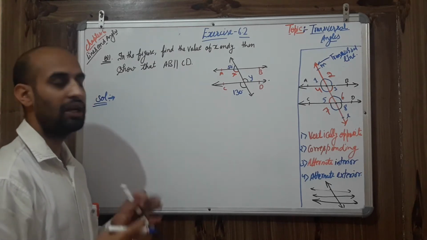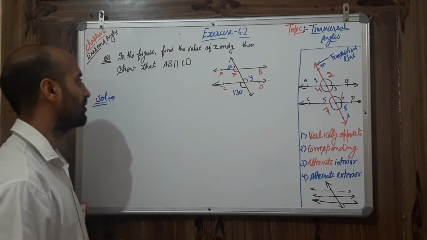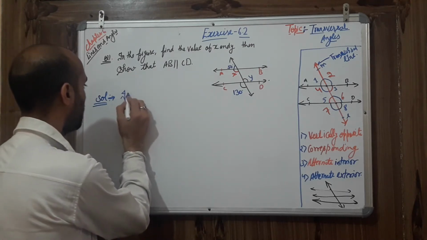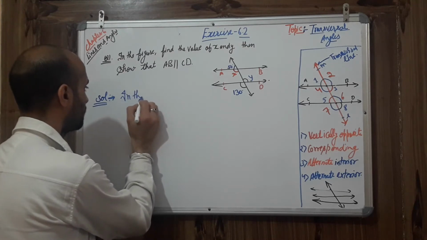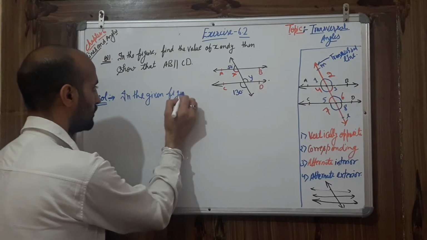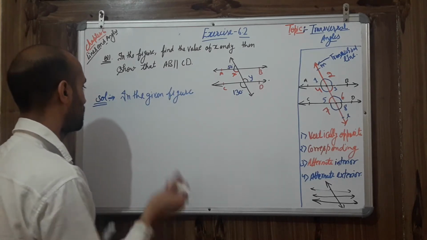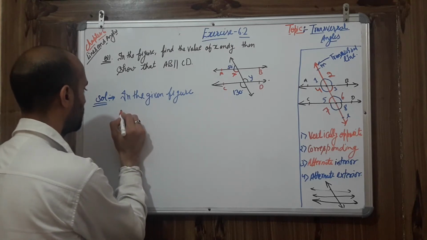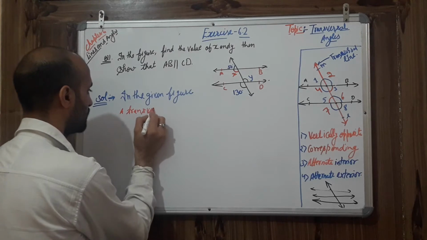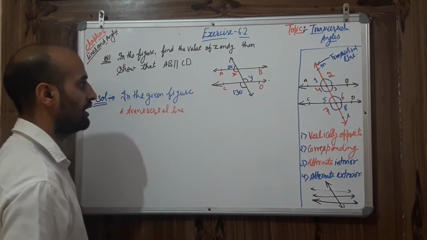So my dear student, whenever you are dealing with such questions, first you need to write what is given in the question. So in the given figure you can write, in the given figure, the transversal line intersects AB.